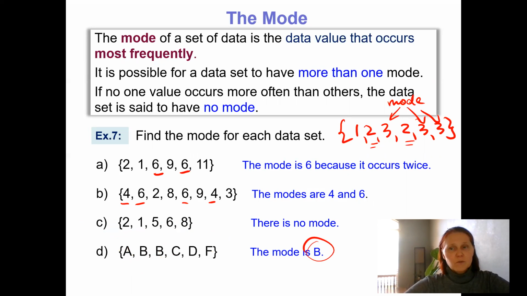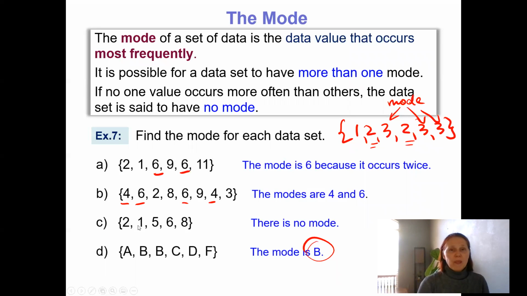The other three can be used for quantitative sets, but the mode can also be used for qualitative sets. And you can decide by yourself which average is better for your situation. When you want to describe a data set, you can use mean, median, or mode depending on what property of the set you want to emphasize.